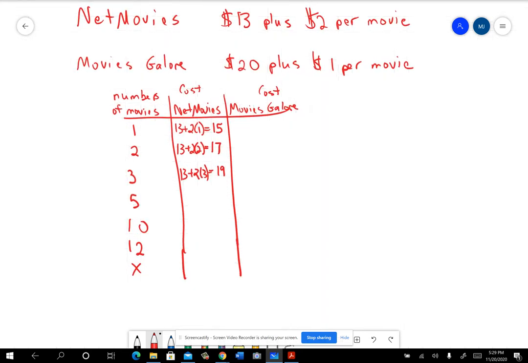Then we made a jump to 5 movies. So we said movies would cost $2 each, 13 plus 2 times 5, 10 plus 13, that would be 23. We just continued that way. 2 times 10 would be 20 plus 13 would be 33. Oops, that was supposed to be an equal sign. Let me fix that.